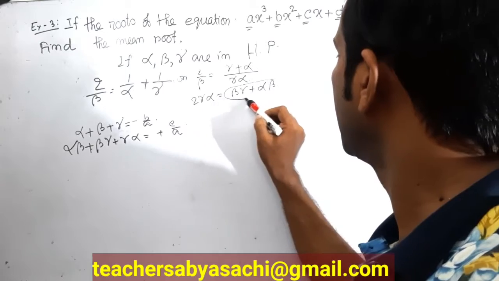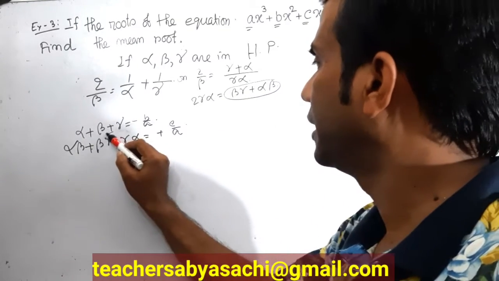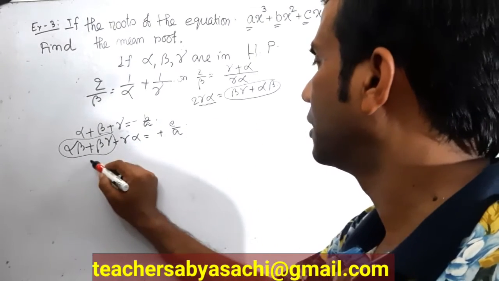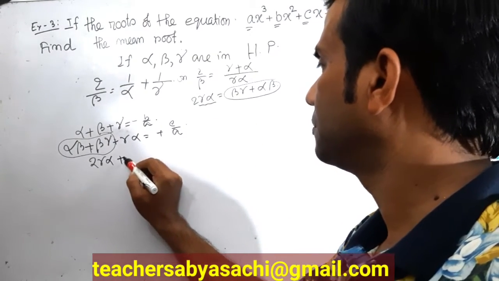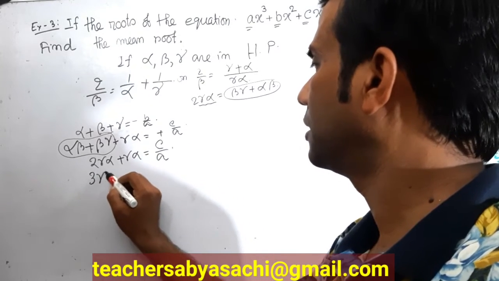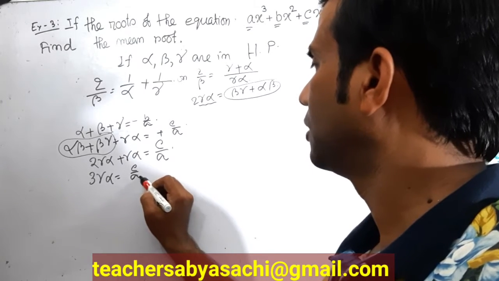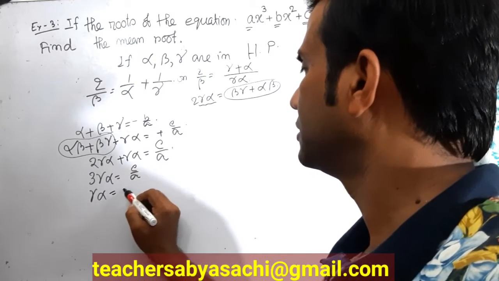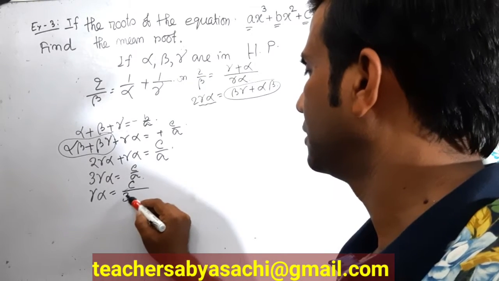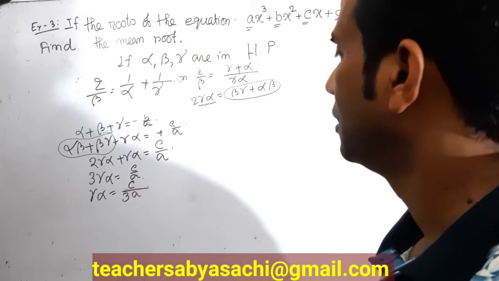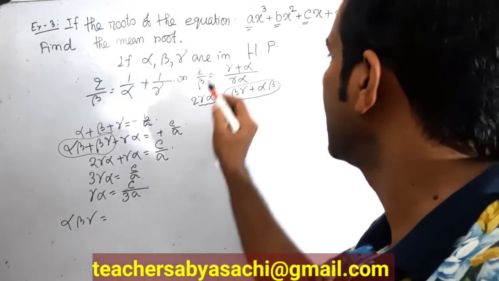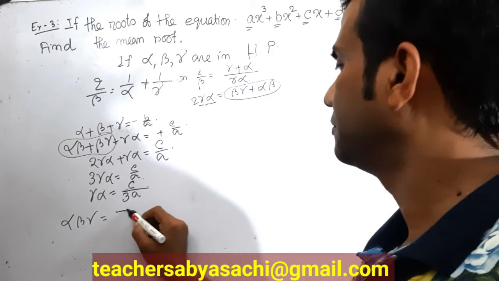From here we get 2 gamma alpha plus gamma alpha is equal to c by a, or 3 gamma alpha is equal to c by a, or gamma alpha is equal to c by 3a. Now from the last relation we get alpha beta gamma is equal to minus d by a.